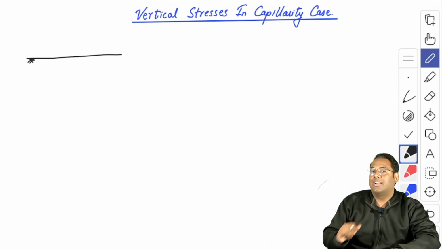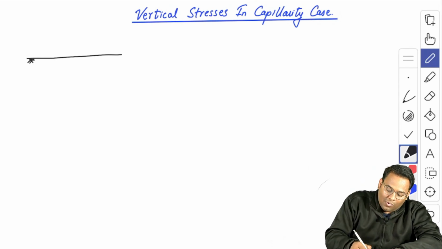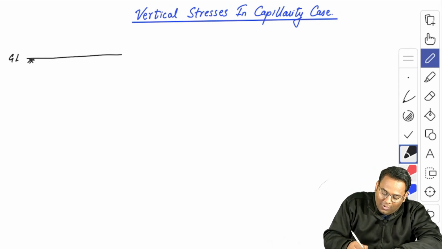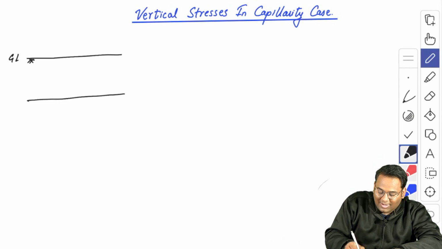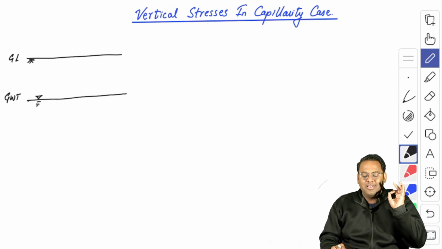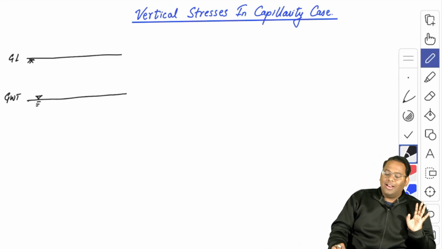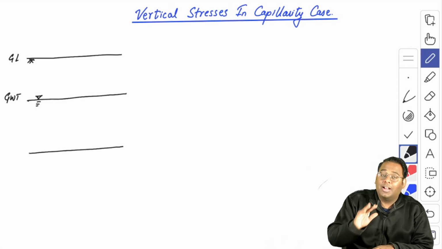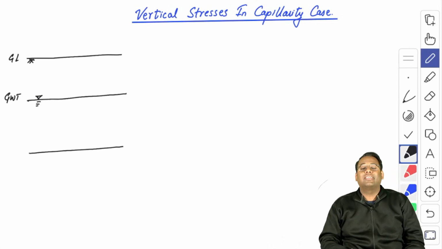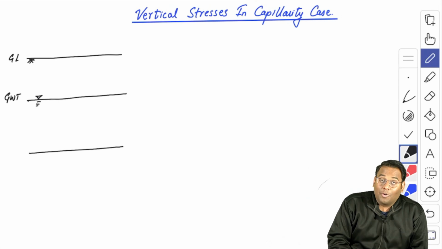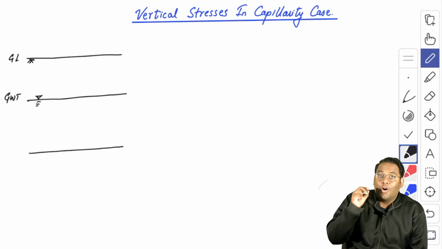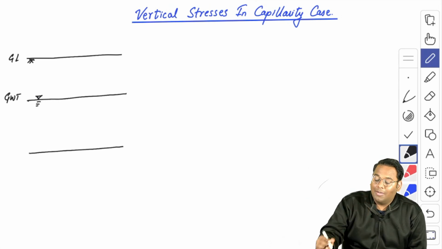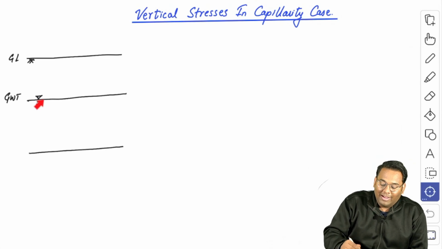Let us assume that this is your ground level, and now let us assume that this is your normal water table level. So this is GWT. Obviously, as the soil above the normal water table has some voids, it is possible that water will rise in the soil above this normal water level.